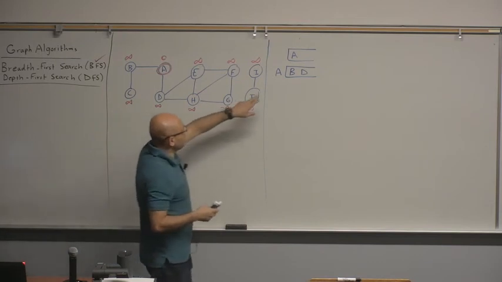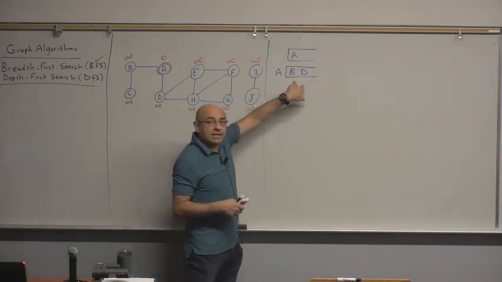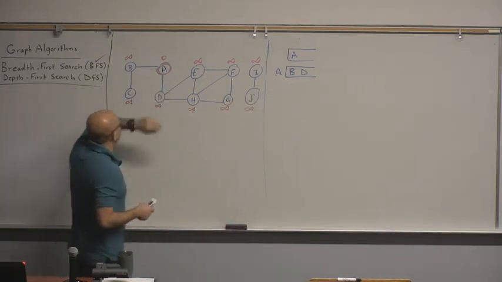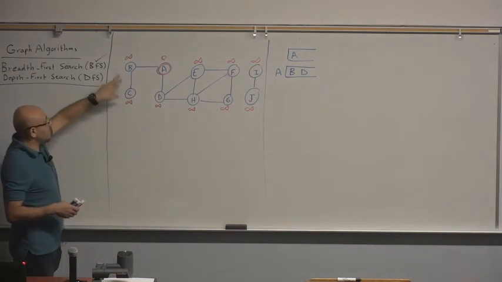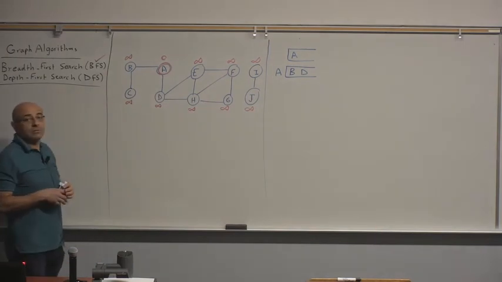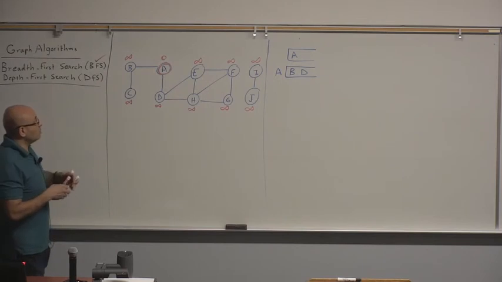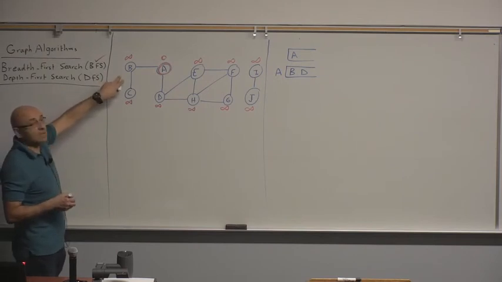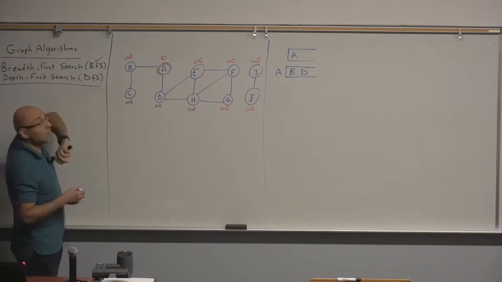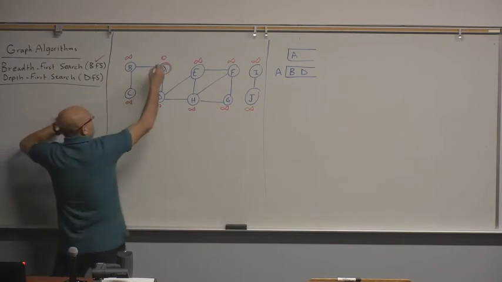Now, since B and D have been discovered as neighbors of A, what should we set the distances of B and D to? To 1, yeah, because A is at 0.